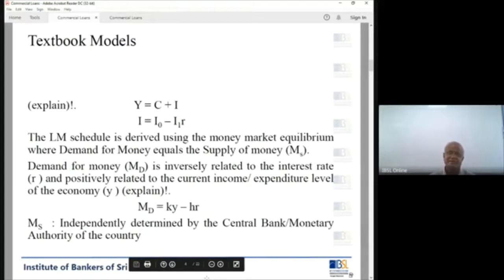Then what will happen when bank interest rates are coming down? People look to the share market. They don't want to deposit their funds in the banking system.